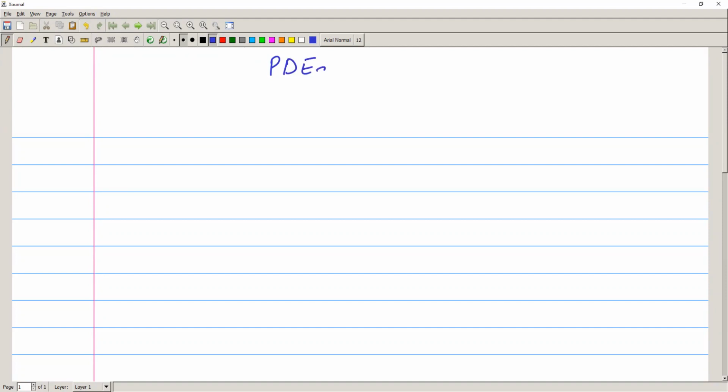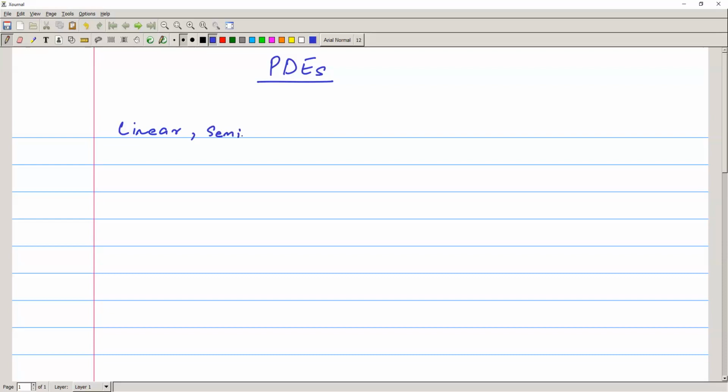So we are discussing first order partial differential equations. In our previous lessons, we discussed the integral curves, formation of PDEs, and then linear, semi-linear, quasi-linear, and non-linear PDEs.